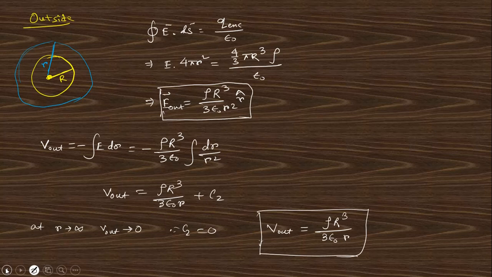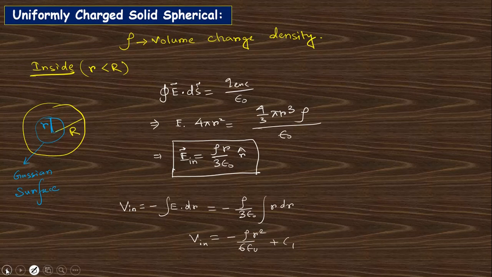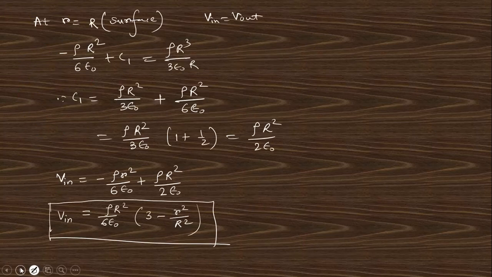If you write down the electric field, E in is rho r by 3 epsilon naught r cap, where r is less than capital R. E surface, if you put r equals capital R, is rho capital R by 3 epsilon naught r cap.